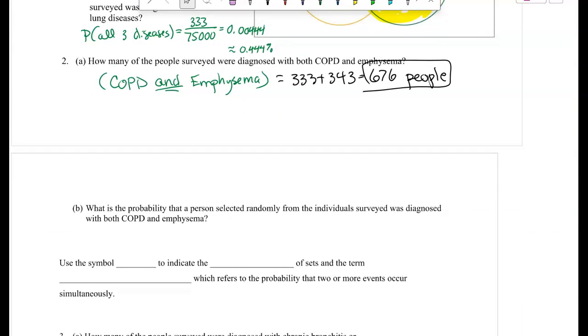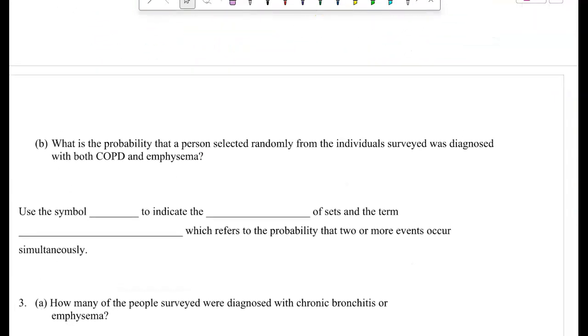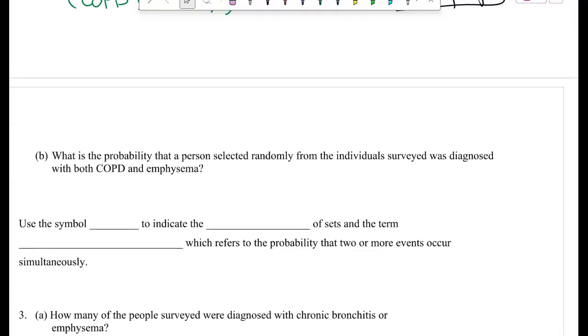What is the probability that a person selected randomly from the individual survey, so that's from all 75,000 people, were diagnosed with both? So the probability of COPD and what? Yeah, emphysema. So what do we do? That's 676, right? I just put the wrong number on there.